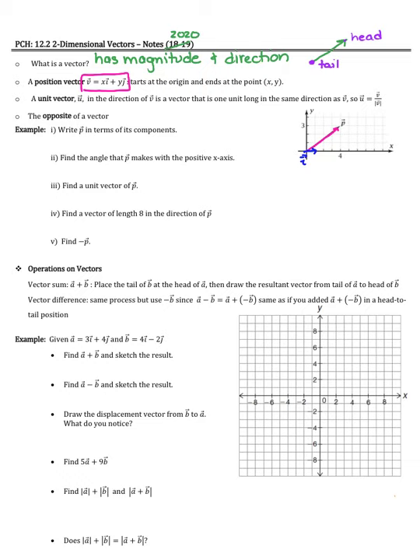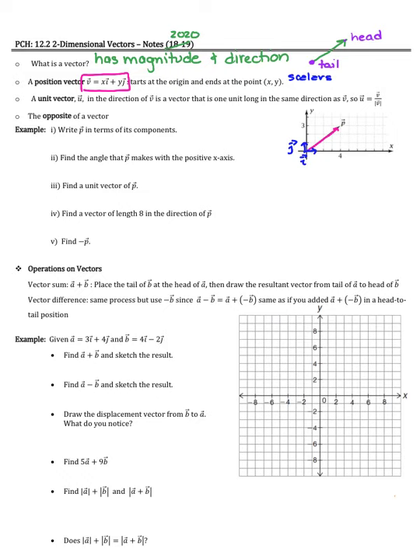A unit vector, just like the unit circle, has a length of 1. That's the horizontal component. Then you have a vertical component, which we give the letter j with a little arrow. Those are your unit vectors. X and y just become scalars that add to the length of the vector.